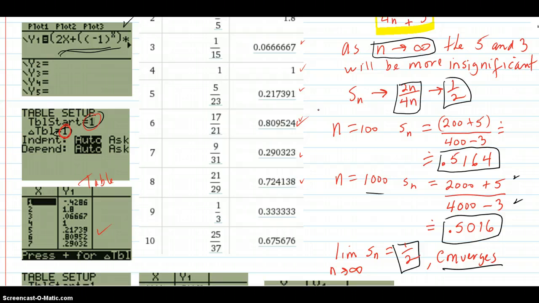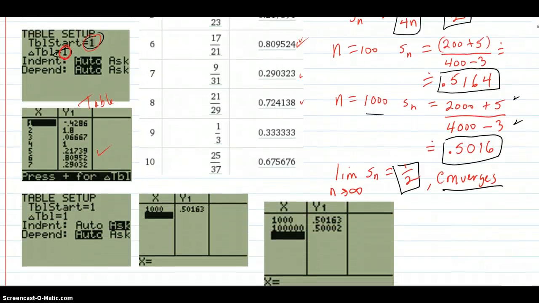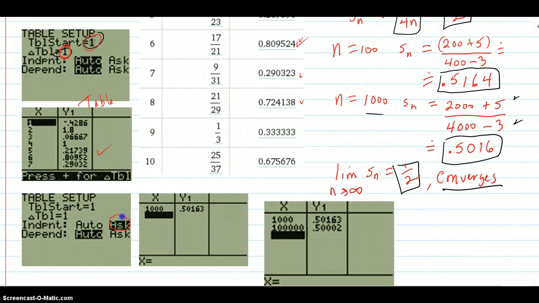But you're not going to get it very far. You still can't tell where it goes to there. So I set it to ask on the table setup this time. Ask for values. So then when I went to the table, I put in 1,000, and it gives you the y value, which is the sequence term value, 0.50163.